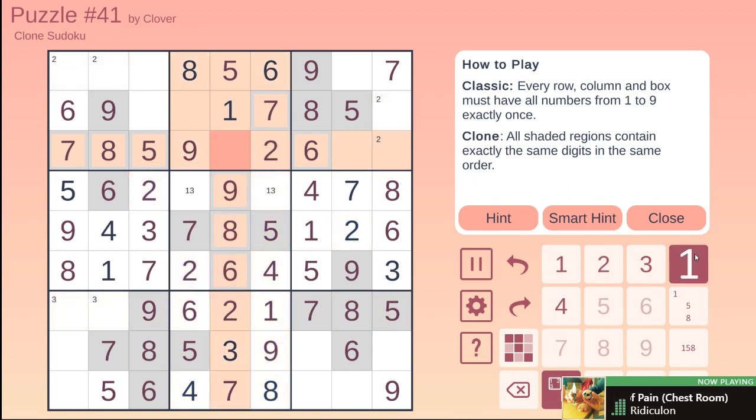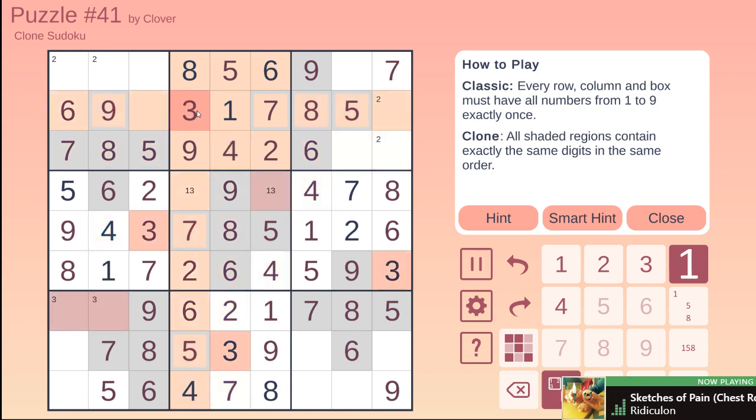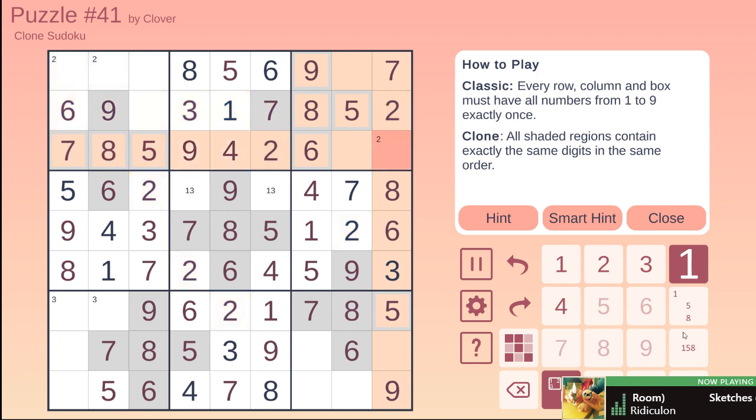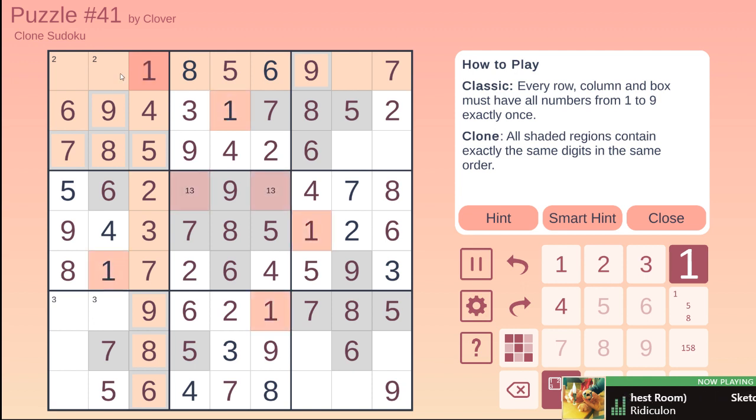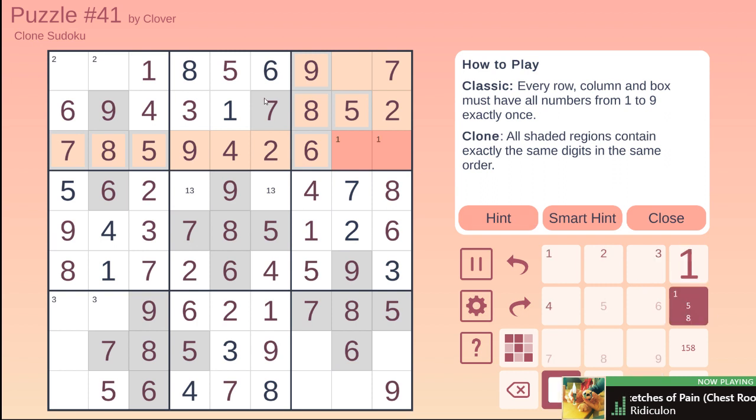Yes. Then what's missing here? A 3 and a 4. This is a 4. This is a 3. This is a 2. What is this? That's a 4. What is this? That's a 1. Okay. 1 goes in one of these 2.